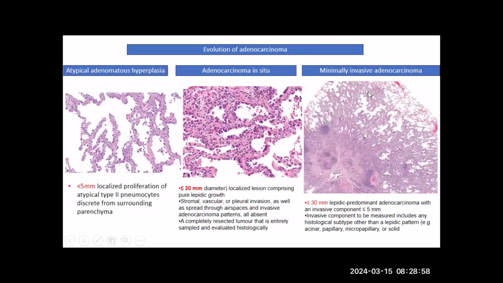Minimally invasive adenocarcinoma is where the size is 3 centimeters or less, but the invasive component is less than 5 millimeters. If it is more than 5 millimeters, it becomes an overtly invasive adenocarcinoma. This is also important because the T size depends on the size of the invasive component only, and that is used for T staging.